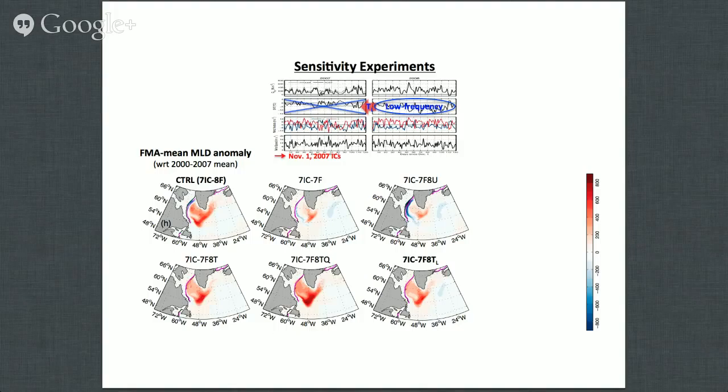Then we almost recover the experiment with the whole 2008 air temperature. Of course, the other case didn't show much of a mixed layer depth anomaly.